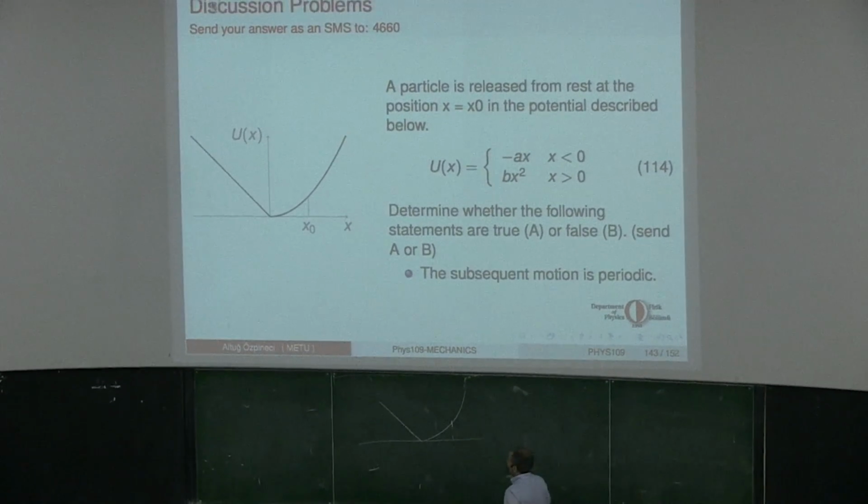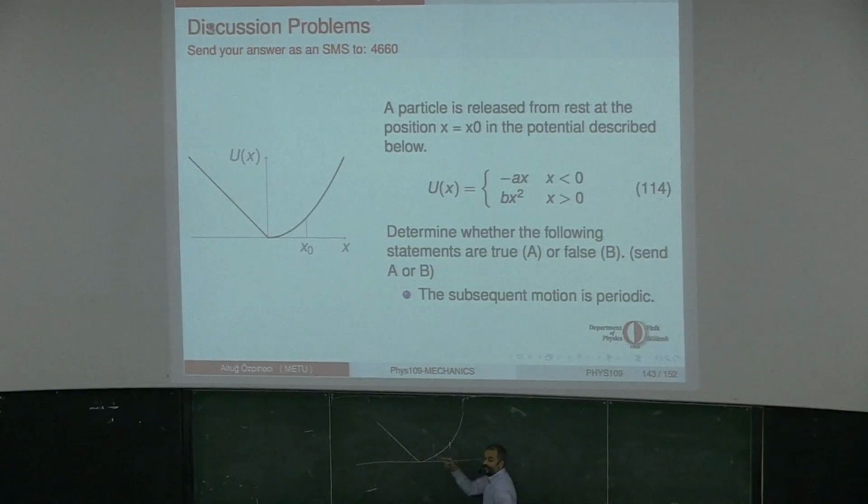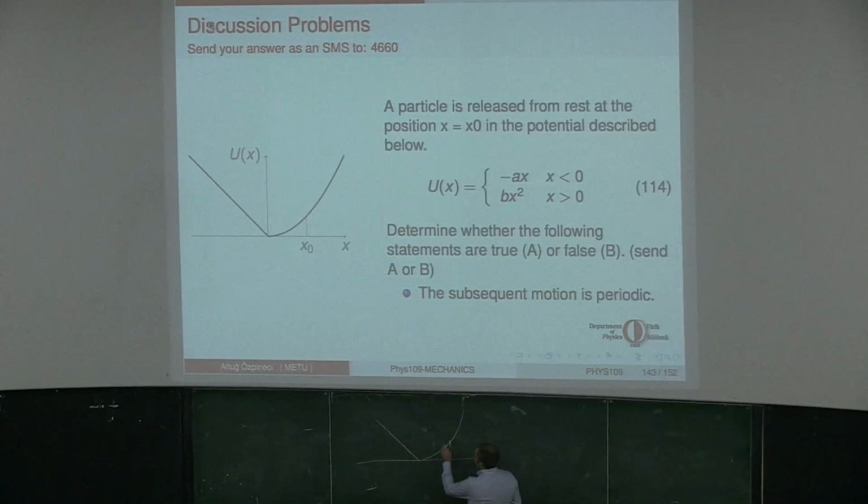So it will feel a force in that direction, so it will accelerate in that direction, and then it will eventually reach this point. Then it will move to the x smaller than 0 region. When x is smaller than 0, it feels a force in the positive x direction with a magnitude a. Since its velocity is in this direction, it is slowing down. It will slow down, and when it reaches here, its speed will be 0 because the kinetic energy is 0.